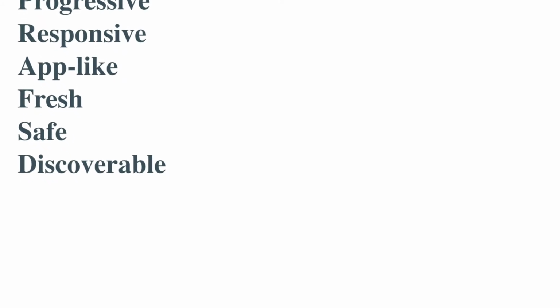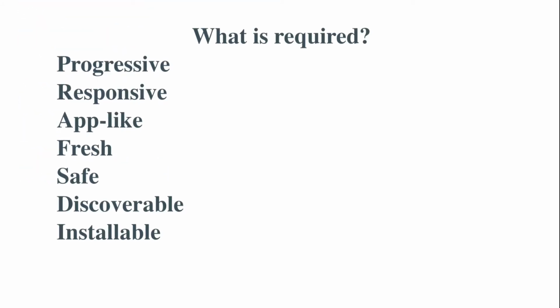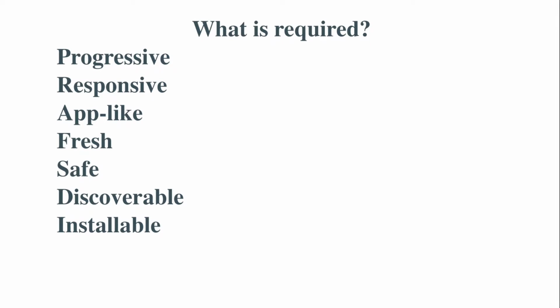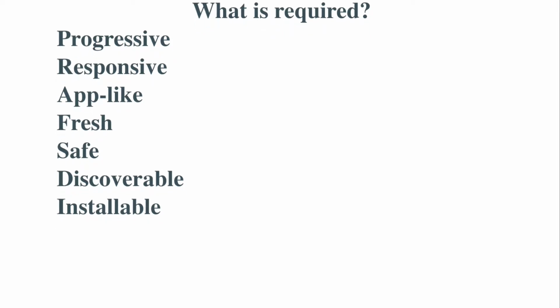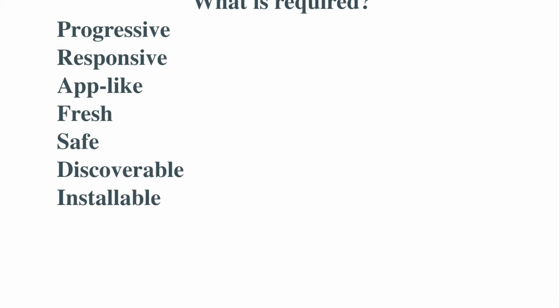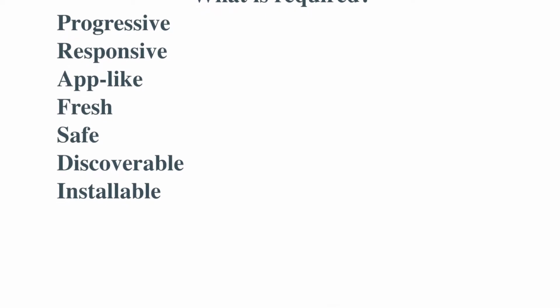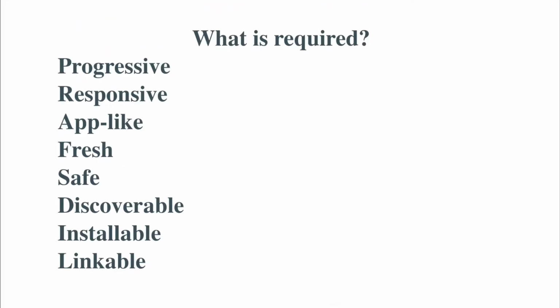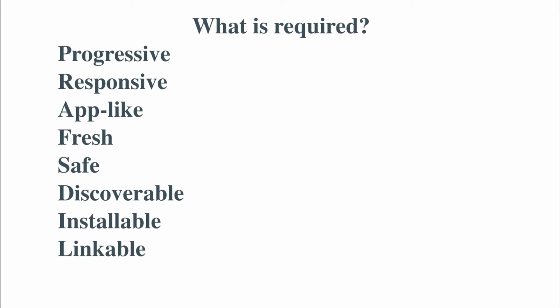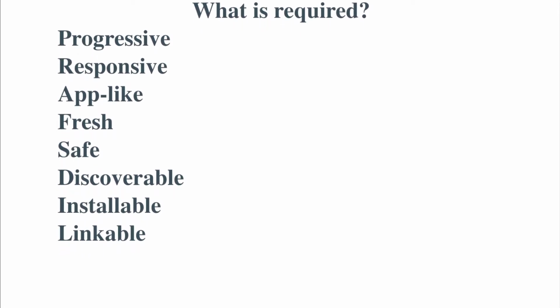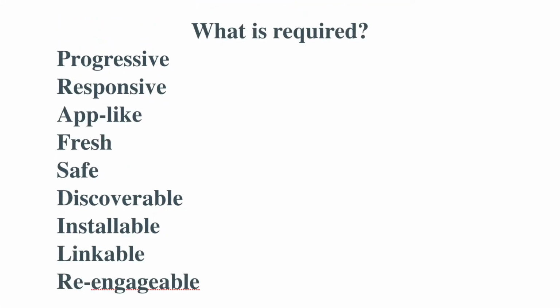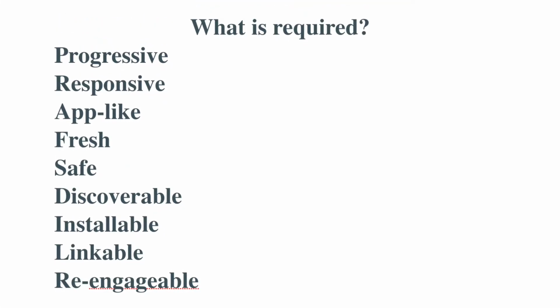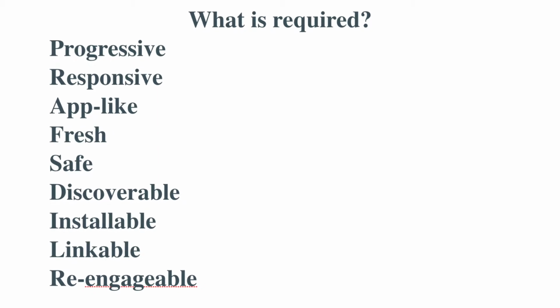Installable: to the home screen through browser-provided prompts, allowing users to keep apps they find most useful without passing through an app store. Linkable: they are zero install and easy to share. You just need the URL. Re-engageable: make re-engagement easy through features like push notifications.